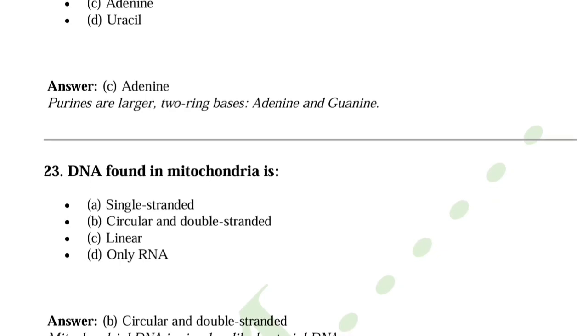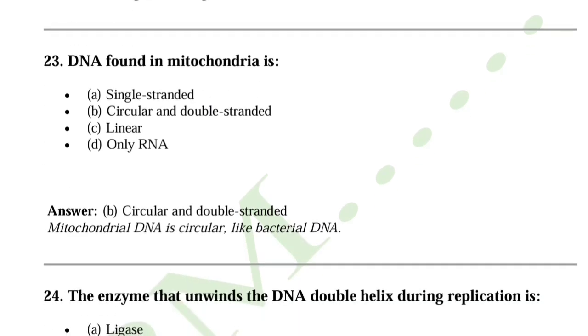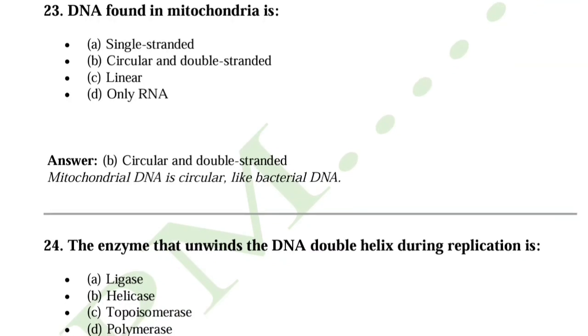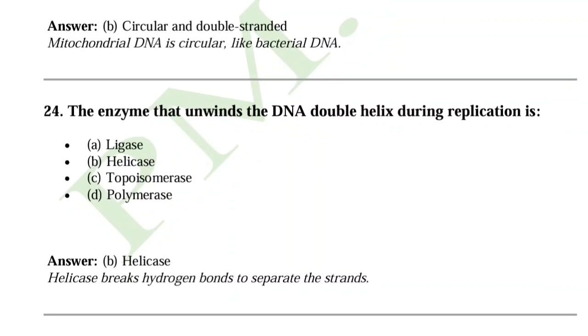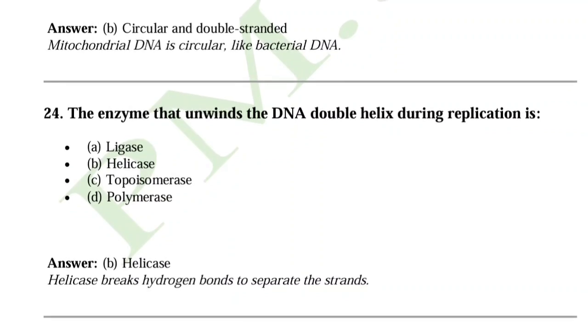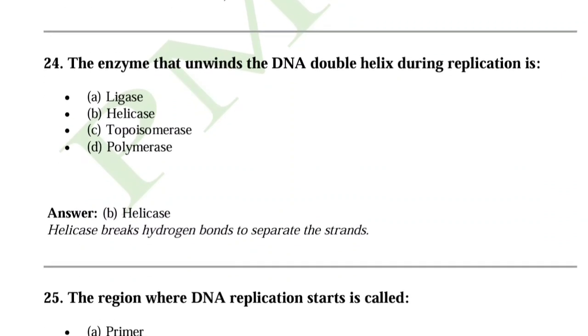Question number 23, DNA found in mitochondria is. So option B is correct. The DNA found in mitochondria is circular and double stranded, like bacterial DNA. Question number 24, the enzyme that unwinds the DNA double helix during replication is helicase. The helicase enzyme helps break the hydrogen bonds between the nitrogen bases and separate the 2 strands.